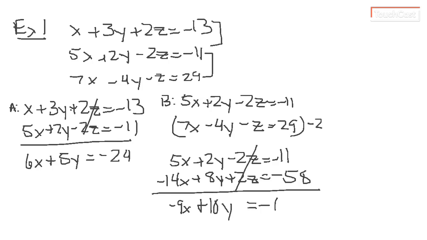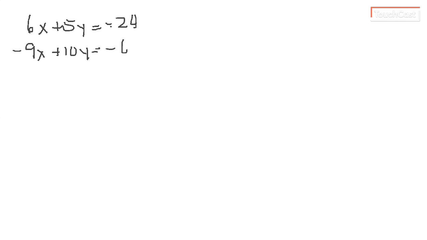equals negative 69. Now I want a little bit more space because in step 3, I'm going to use the two equations we got from steps A and B to figure out my x and my y. So we ended up with a system of 6x plus 5y equals negative 24 and negative 9x plus 10y equals negative 69.